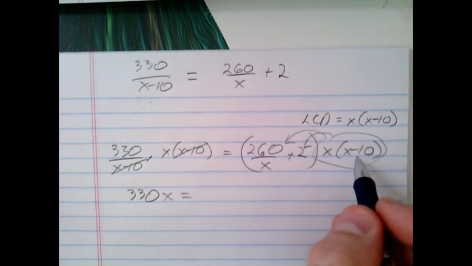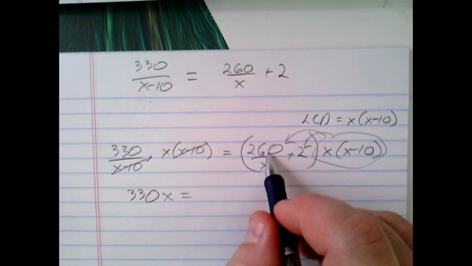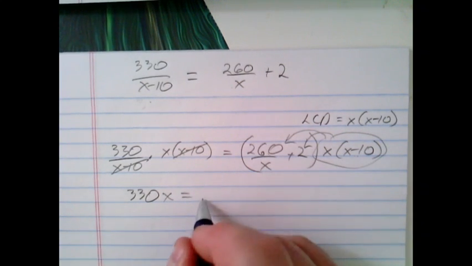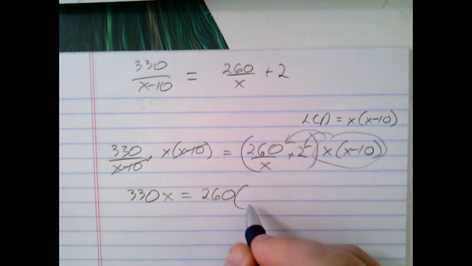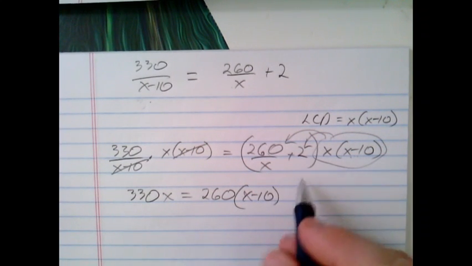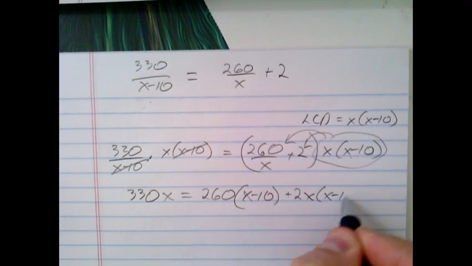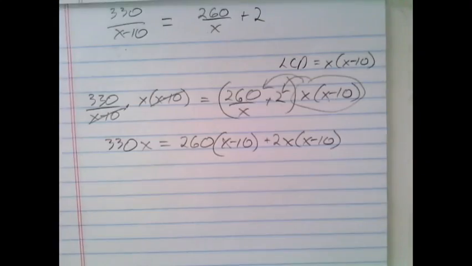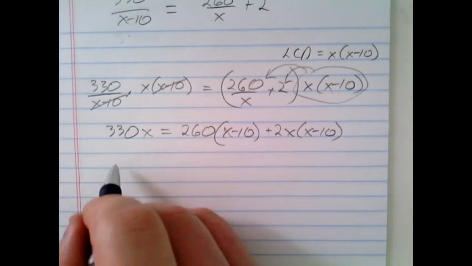When I take the x times x minus 10 and multiply it by the first term, the x's cancel, and I get 260 times x minus 10. When I take it times the second term, I would just get 2x times x minus 10. Well, let's start multiplying stuff out.